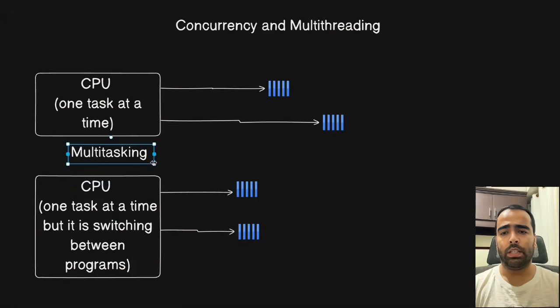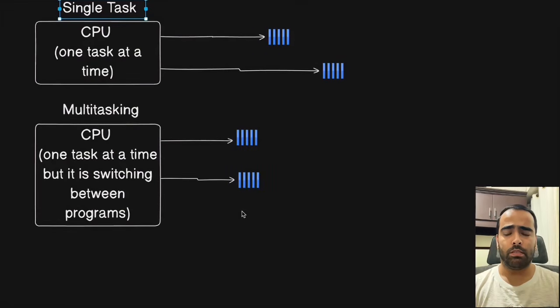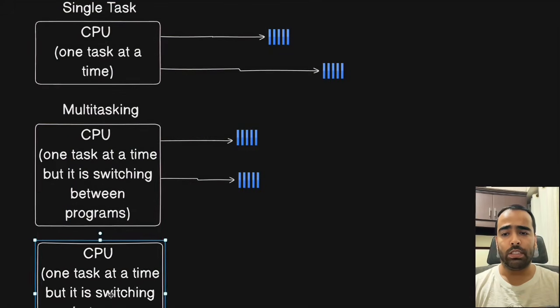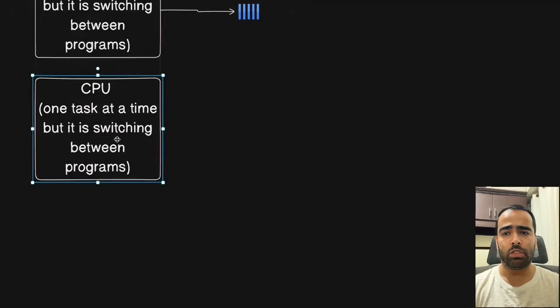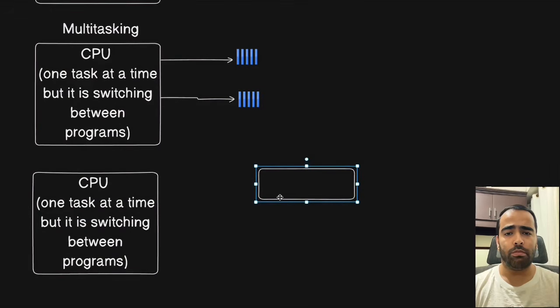So this was multitasking, and this was single tasking. After that, the multi-threading concept came into the picture. Again, one CPU can handle one task at a time, that is okay. But inside the applications, developers started creating multiple threads, so it can be thread 1, thread 2.